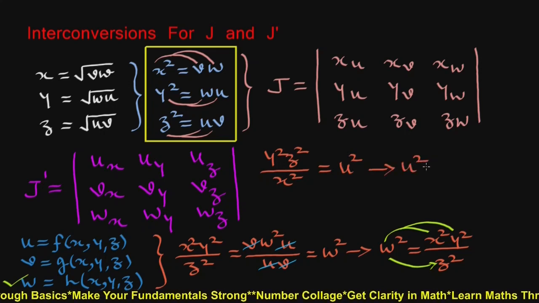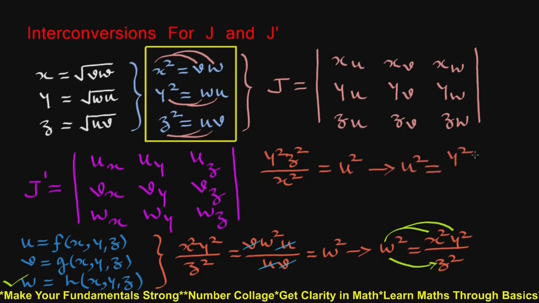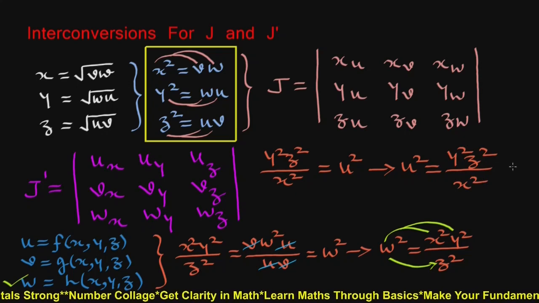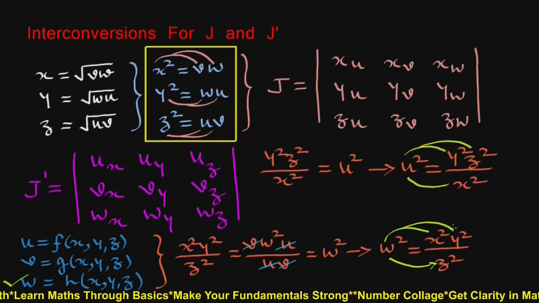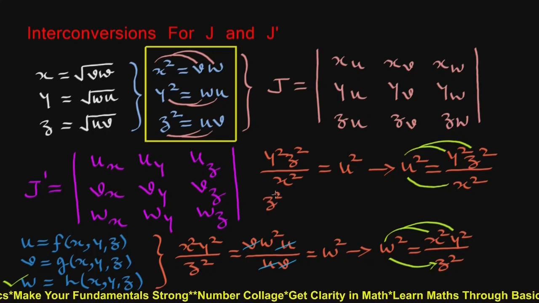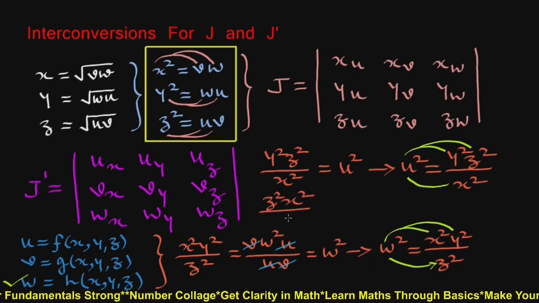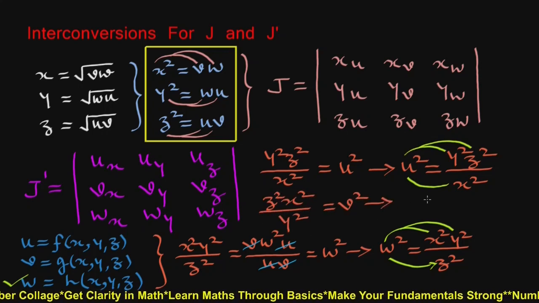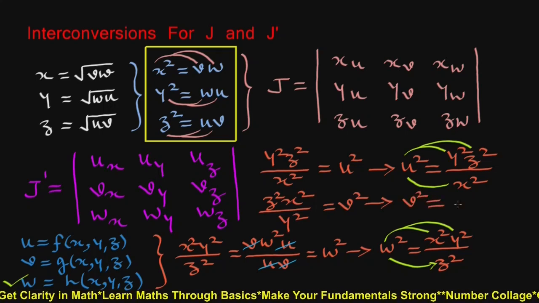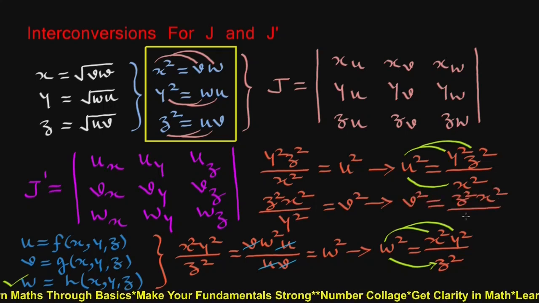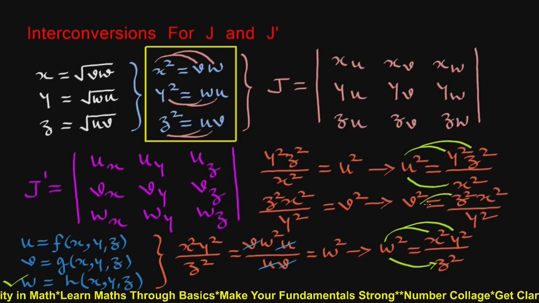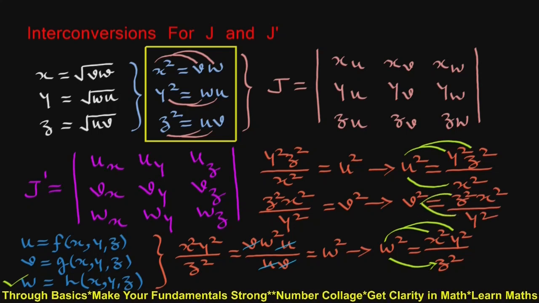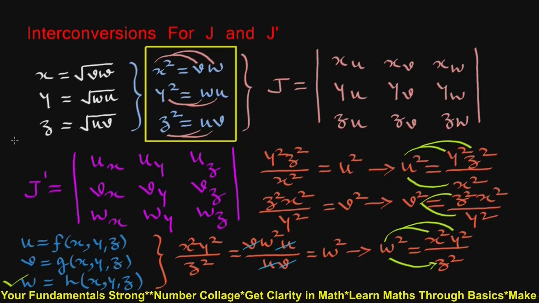So u square will be y square z square upon x square, where u is a function of x, y, and z. And on the same lines, z square x square upon y square will give v square, which is v square equals z square x square upon y square, that is v as a function of x, y, and z. Now we can easily find j dash.